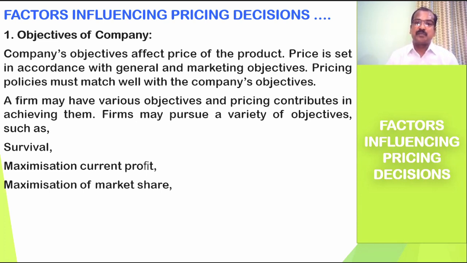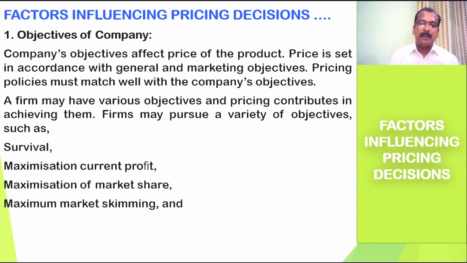So when the market is price sensitive, and you also want to gain the maximum amount of market share, it is wise for you, the company, to set the lowest price possible so that you could sell a large volume of units, and moreover, by producing and selling a large volume of units, the cost of production per unit will also come down. So this is the idea behind the third point.